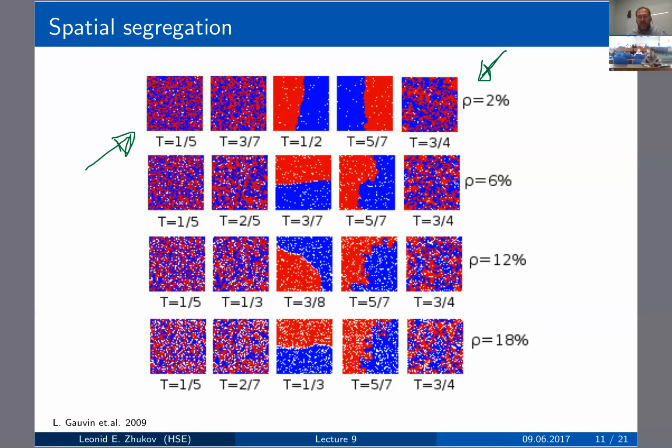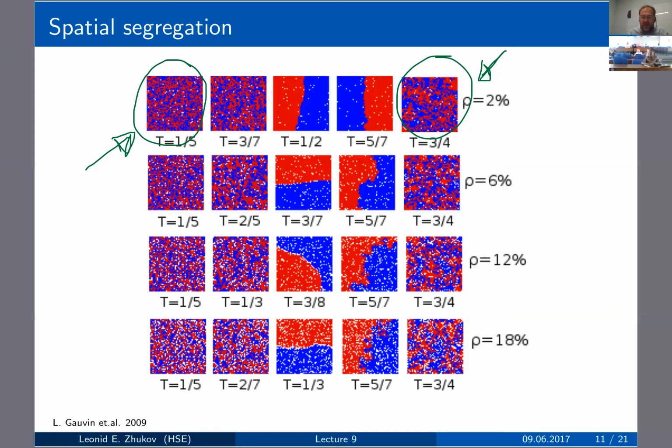So what happens on the right-hand side, when they're very strongly tolerant, is there is a good mixture of the people, and everybody lives in a mixed state. On the left, everybody is very intolerant, but since there is not enough empty space, they just cannot move. There's no place for them to move. It doesn't matter where they move, they still get a lot of people of a different type surrounding them.